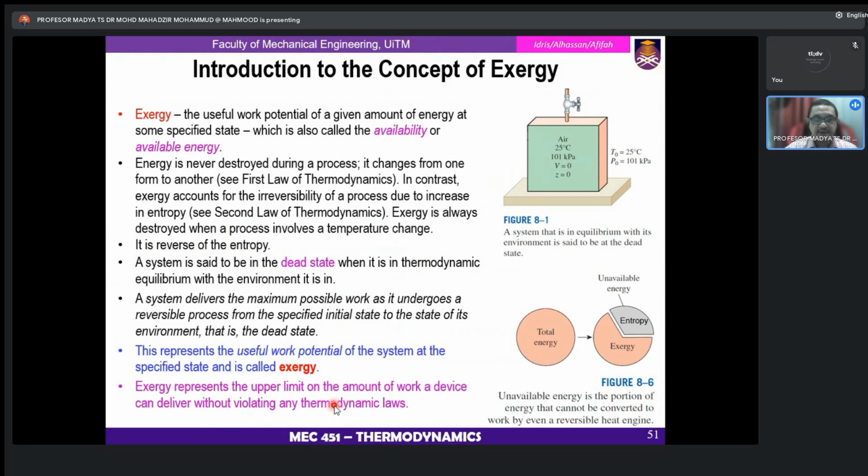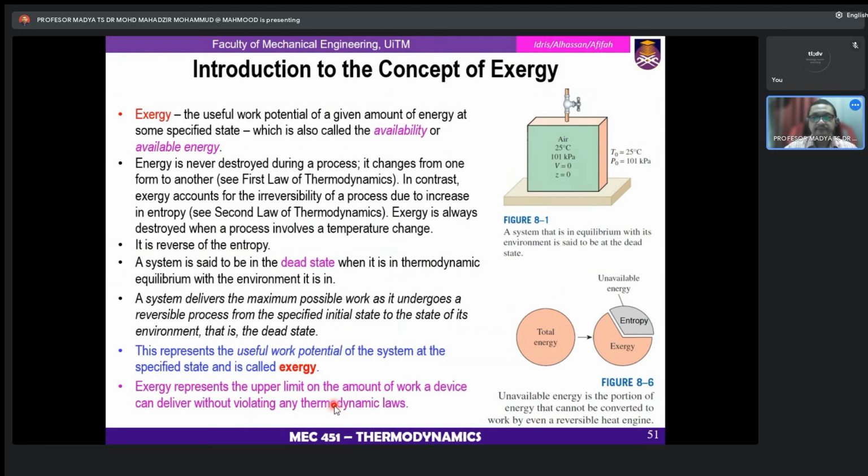All right, so the information in this slide is about the introduction to the concept of exergy. If you want to understand more, please read the thermodynamics books written by Cengel or McConkey for the concept of exergy.